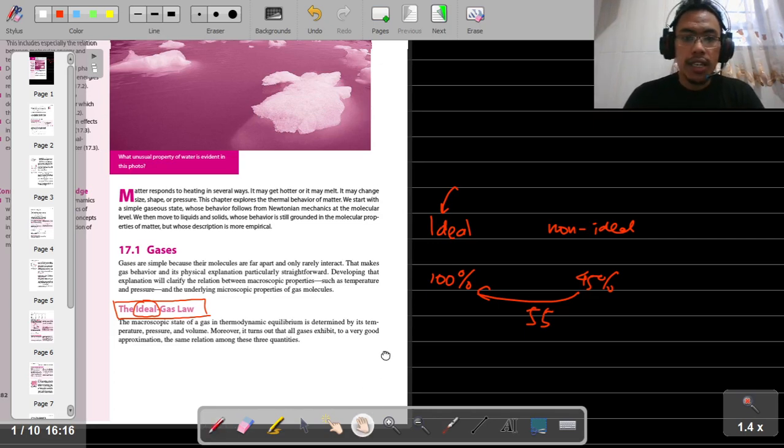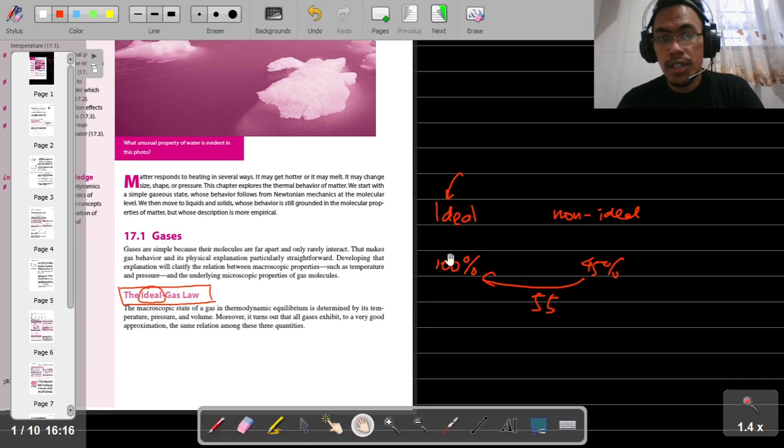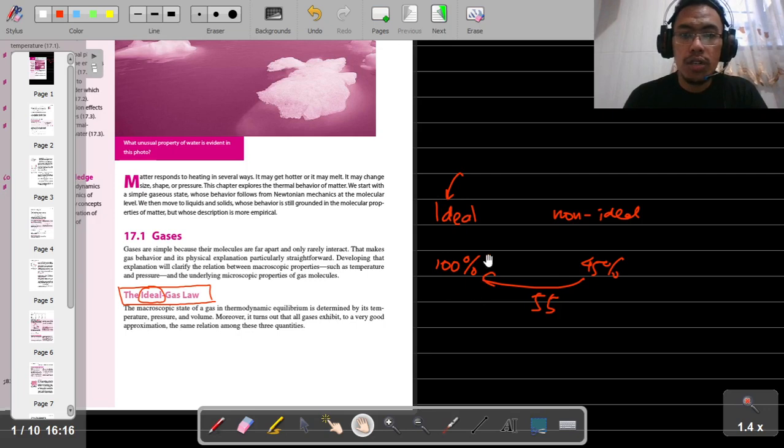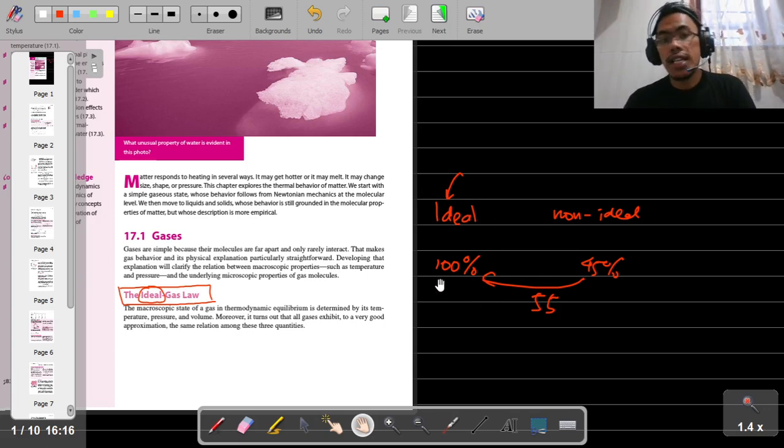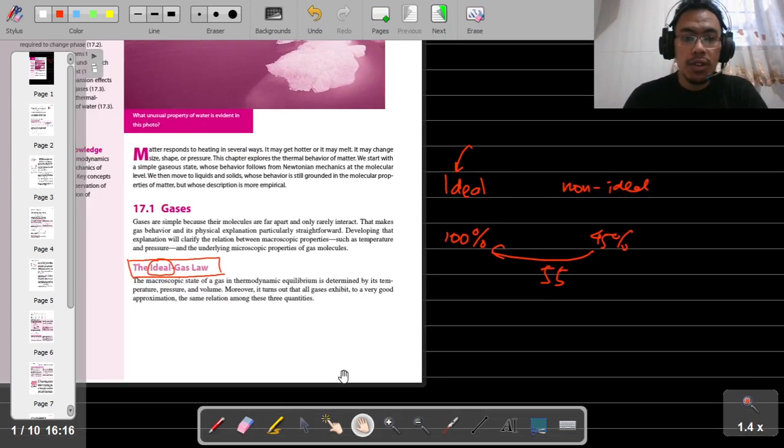In this semester, we are going to learn much about the ideal case, because the non-ideal case will be learned in another semester, but because this is the basic knowledge of physics, we will focus on the ideal situation. So this is the ideal gas law.